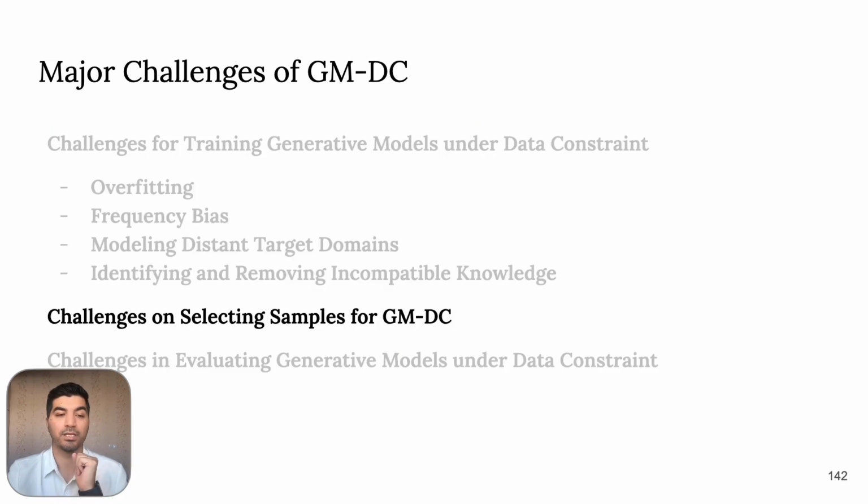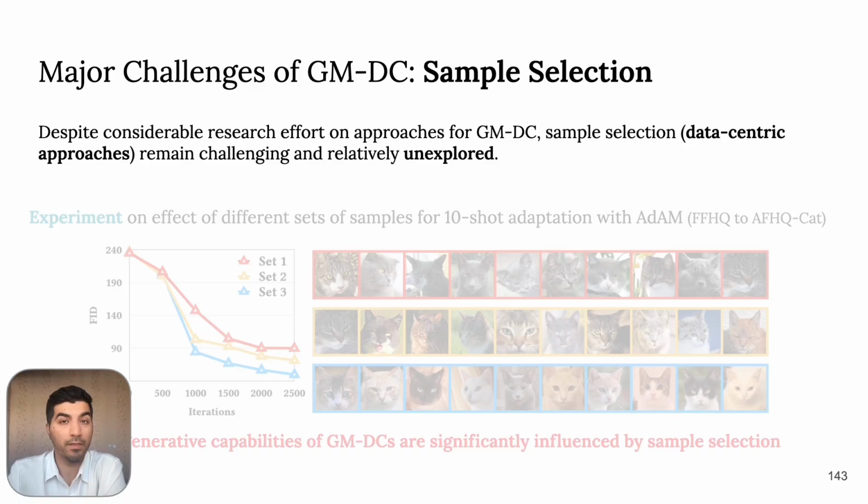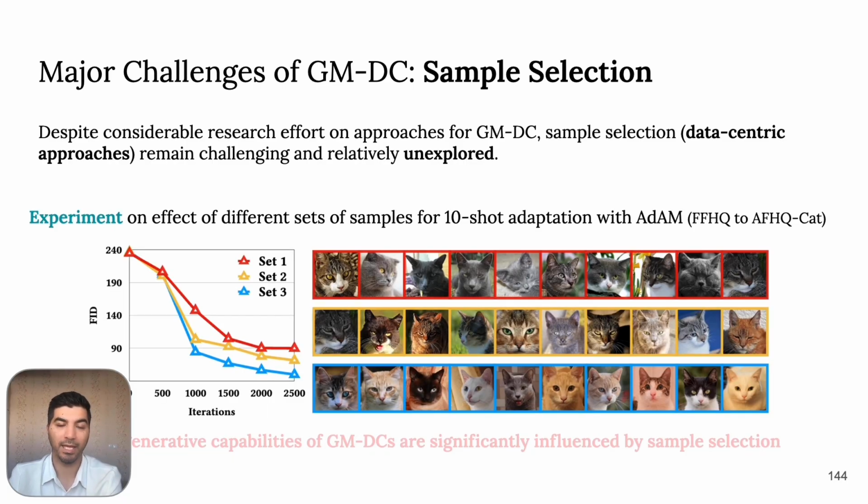The next challenge is sample selection. Based on our review, even though there are lots of works in the literature that discuss generative modeling under data constraint, sample selection or data-centric approach remains challenging and relatively unexplored. As an example, we have designed an experiment for 10-shot image generation.